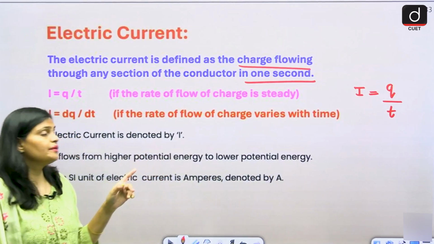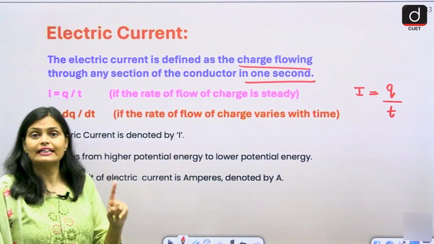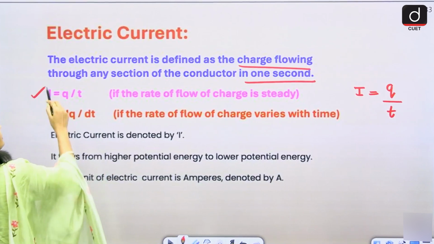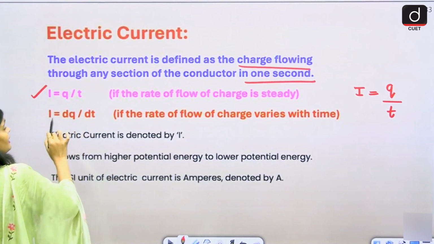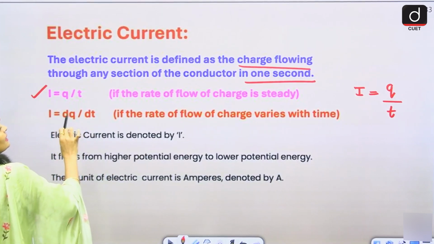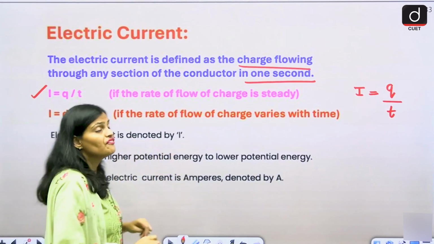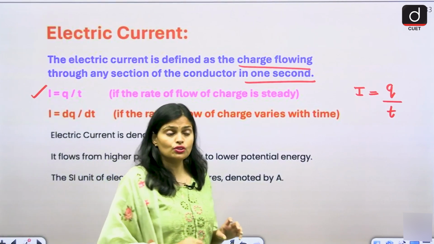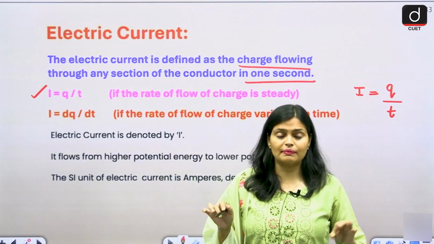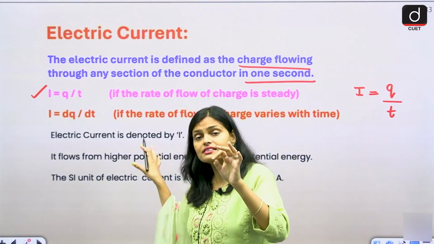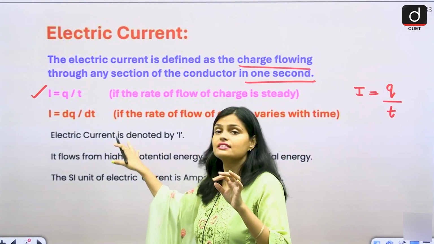So I should be what? Q by T. Clear? Now this is the average one. I can also be written as dq by dt if the rate of flow of charge varies with time. Now dt, that is the instantaneous current.